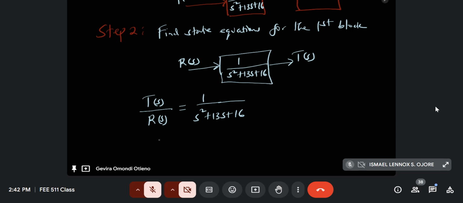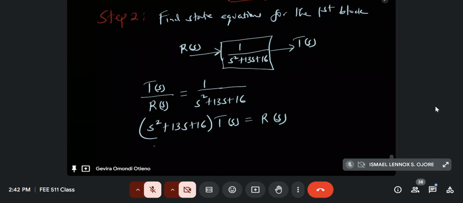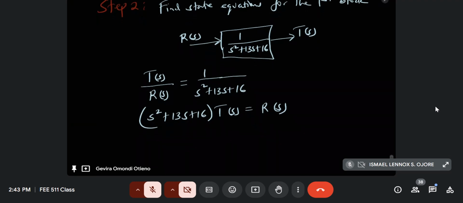And if we linearize, we are going to have S squared plus 13S plus 16 T of S to be equal to R of S. If we get the inverse Laplace transforms, like the previous example we did, we'll have double derivative of T plus 13 derivative of T plus 16T equal to R.